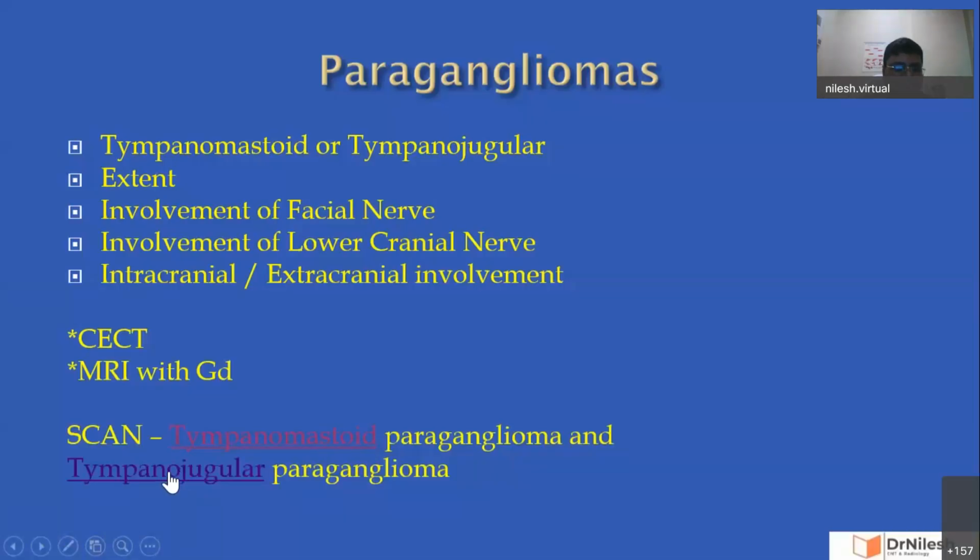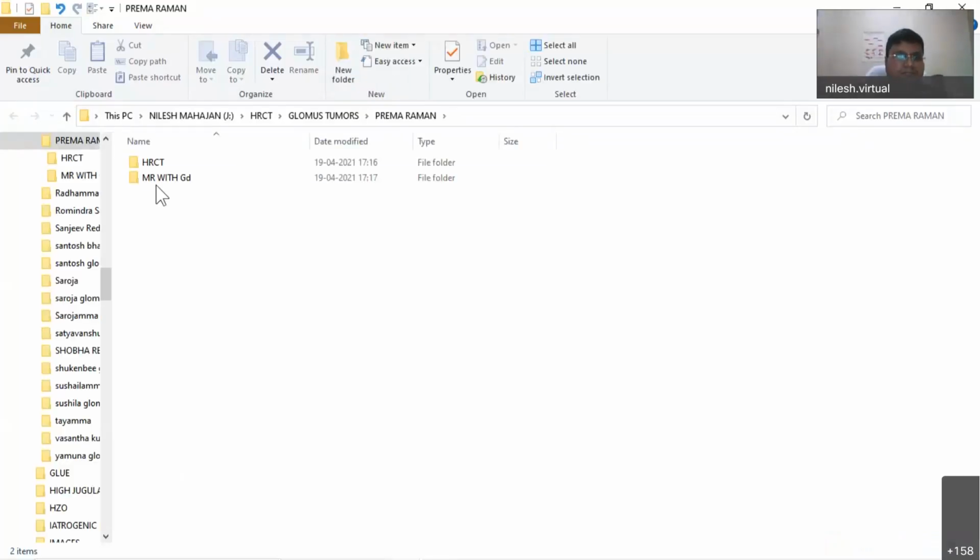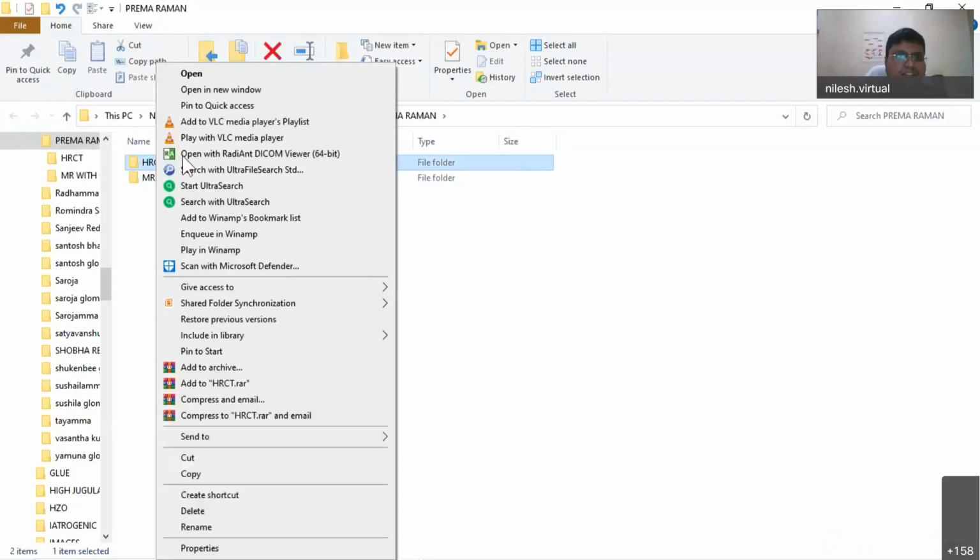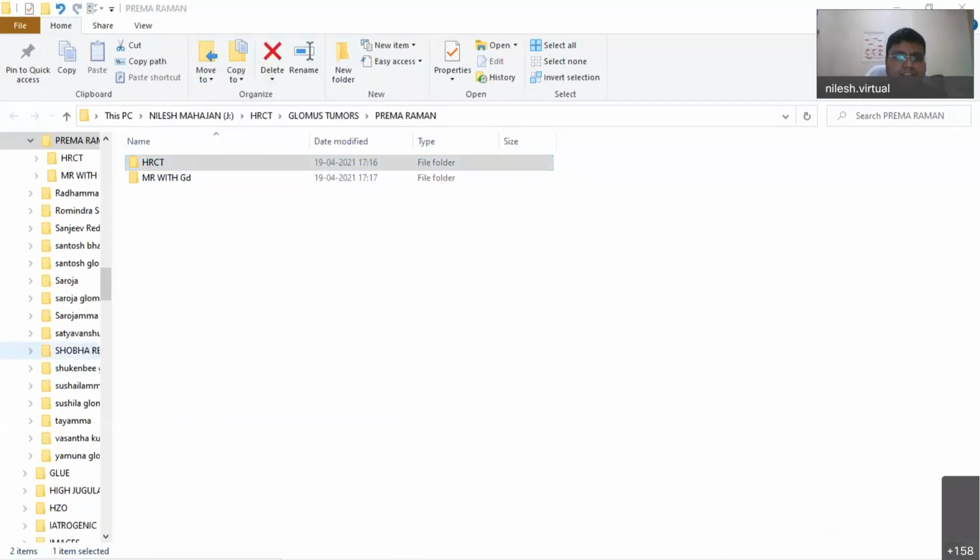So next we'll see the tympanojugular. So we'll see the CT scan first.